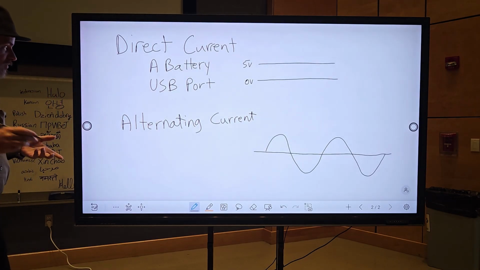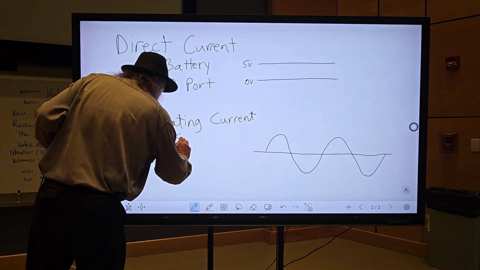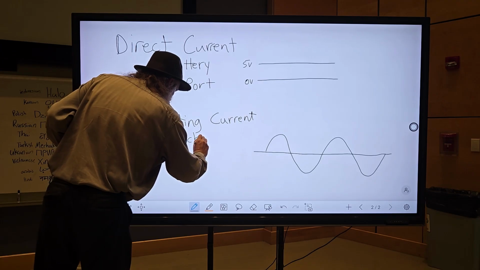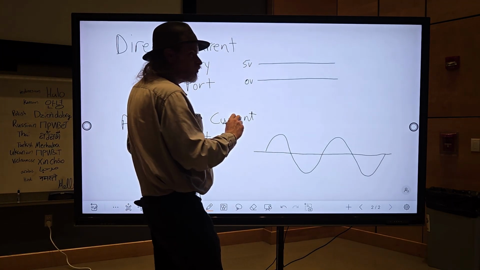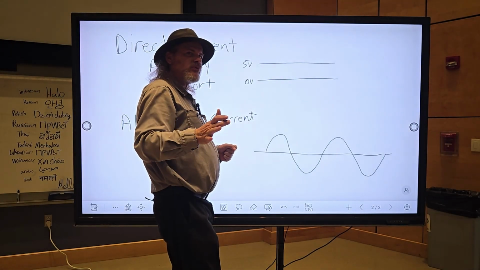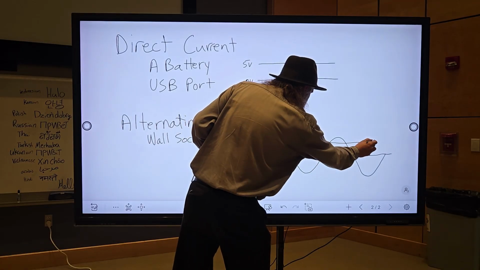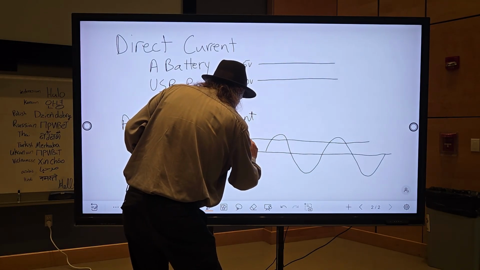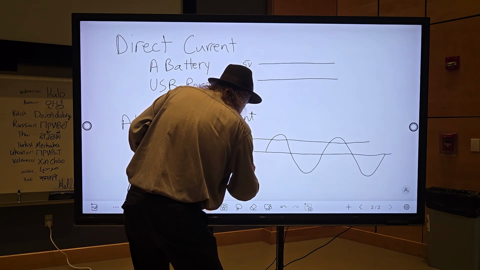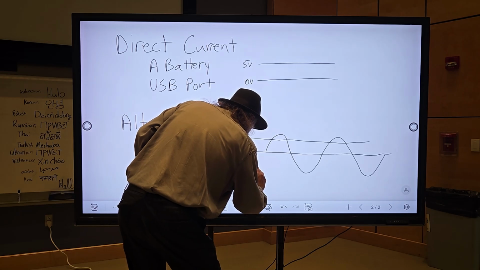So for a wall socket, for example, I believe it's RMS voltage, which is measured about there, is 110 volts, and relative to 0 and minus 110 volts.